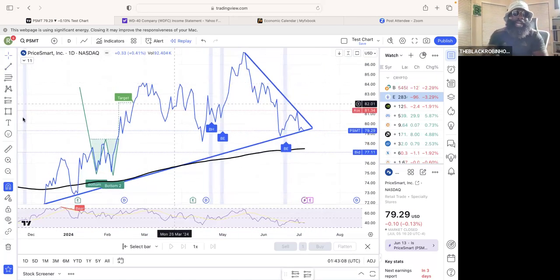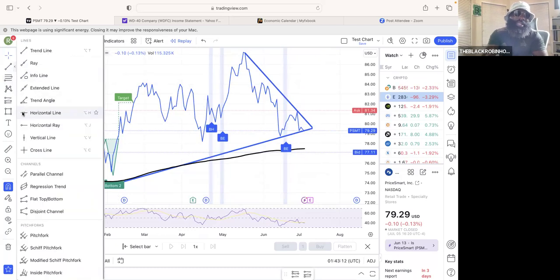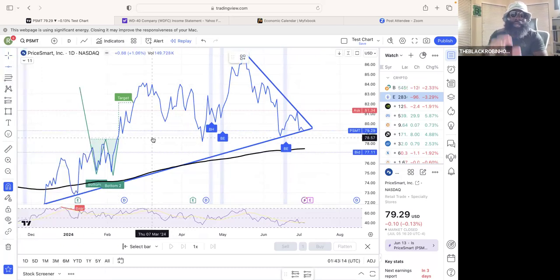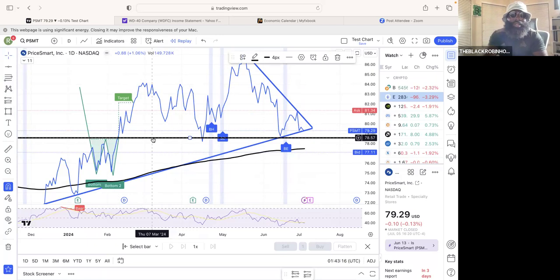Once you do this, now you want to find a common denominator, and it will be right here. You see that? So where is the price finding support? It's right here. And the support is not a fixed price.